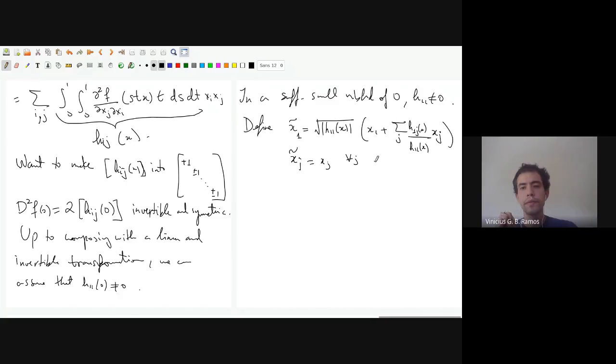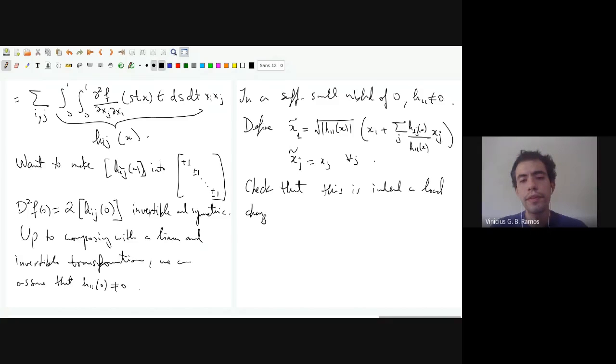Okay, so I have this change of coordinates, and you can check that the derivative of this at 0 is invertible. So you can check that this is indeed a local change of coordinates.